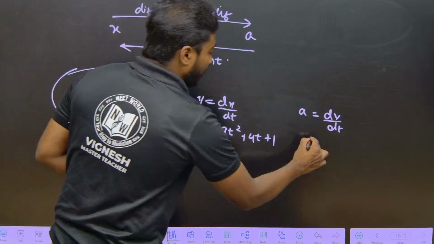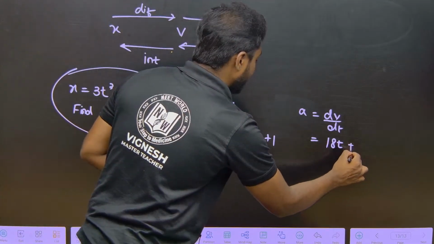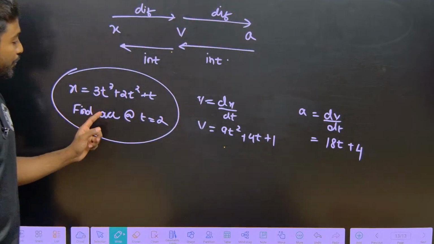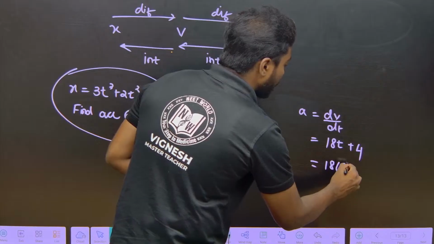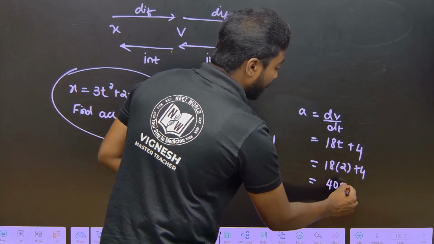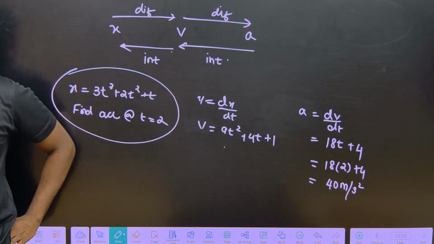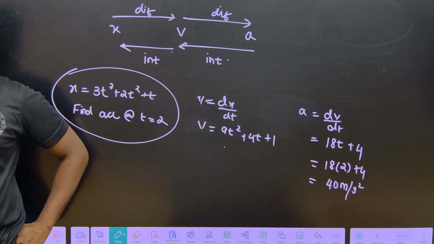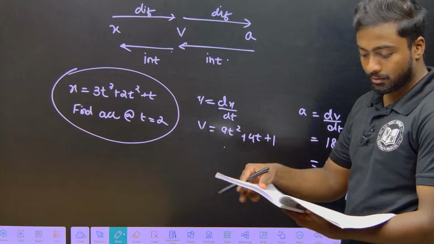Now what will be the answer? 18t plus 4, that's it. Now if we substitute the value 2 here, 18 into 2 plus 4, which is 36 plus 4, 40 meter per second square is the acceleration. Any doubt? Can you find it easily? Now I'll give the questions.